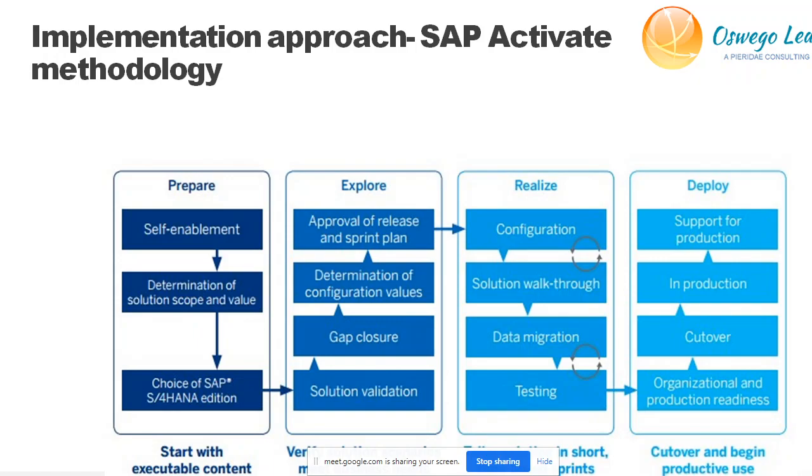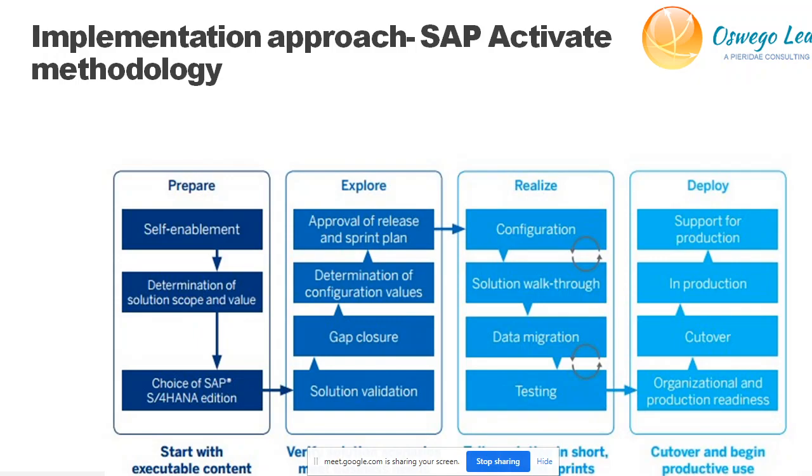Now we'll discuss the implementation approach, the SAP Activate methodology. Those who are already aware of SAP know that the ASAP methodology is there for the on-premises solution, ECC or S4HANA on-premises.